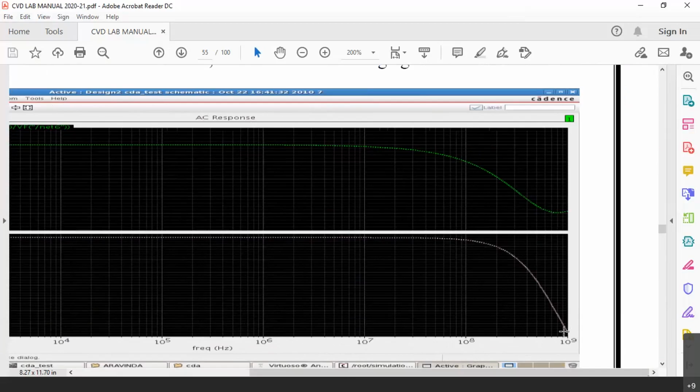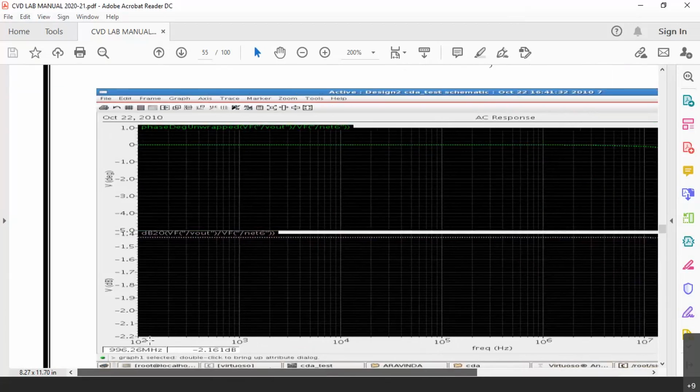You can always see that here it is 10 power 9, meaning 1 gigahertz. You can increase the frequency here to maybe 1 terahertz, 1 petahertz, 1 exahertz. You can keep on going, and you can still try to measure the bandwidth of this common drain amplifier. You can see minus 2.2 here and minus 1.4 here.